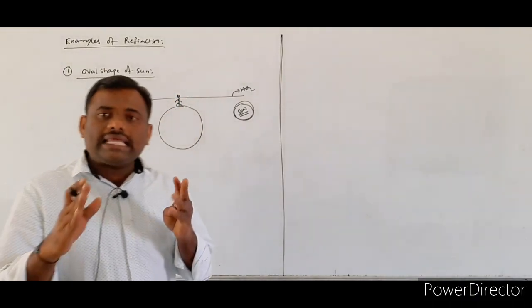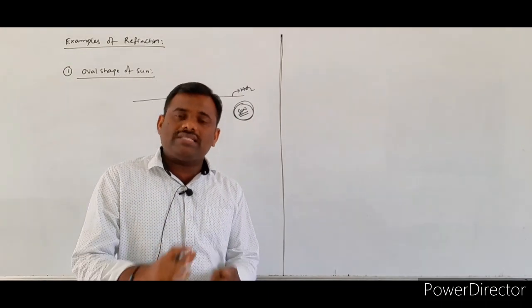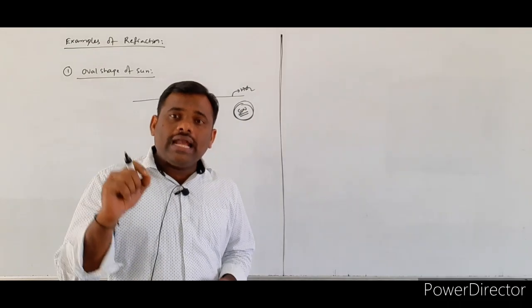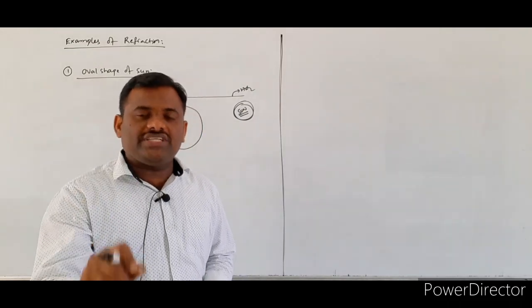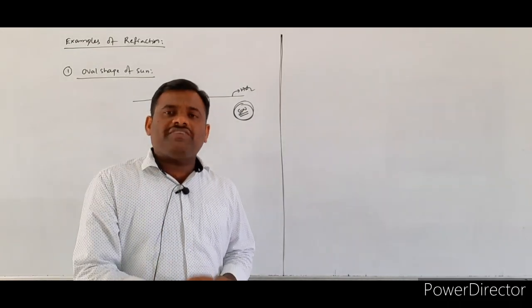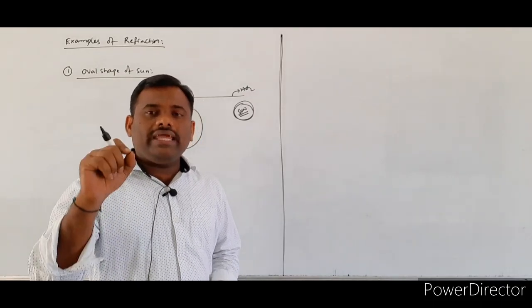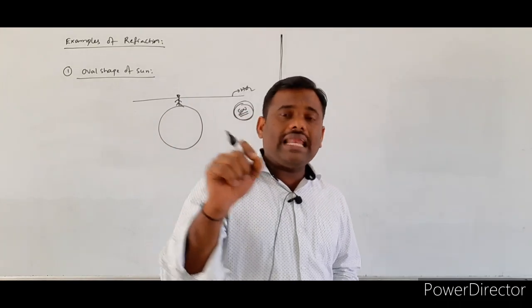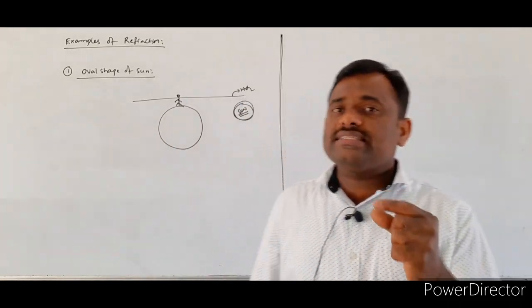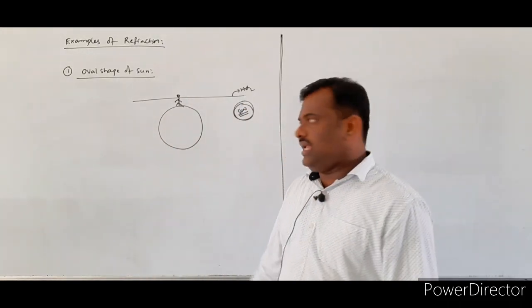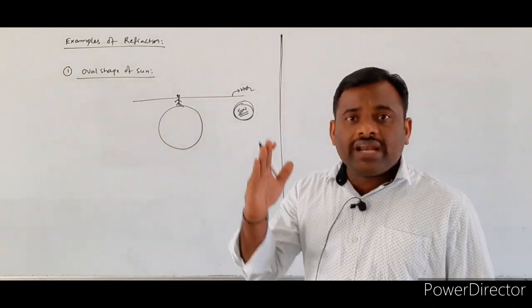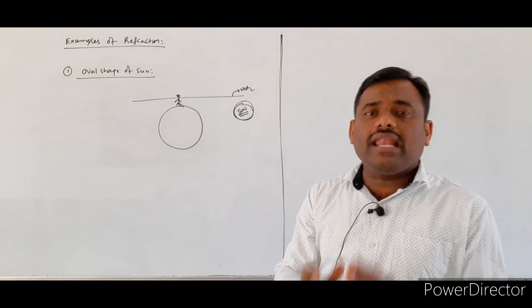But while these light rays are traveling through the atmosphere, they undergo different refractions in different layers of the atmosphere. So what is the reason? Whenever light rays travel from the sun's surface to the Earth's surface, they undergo different refractions in different layers. Why?